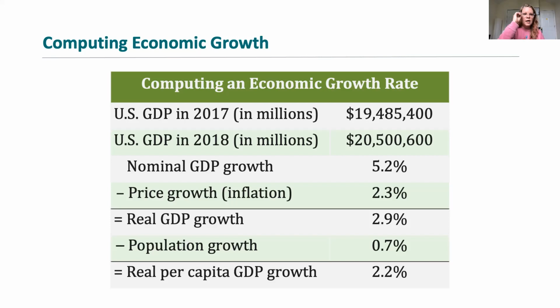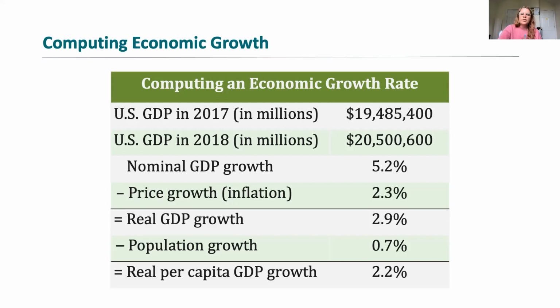So for example, here, if we start with GDP in 2017 and look at GDP in 2018, then we can do the math to determine that that was a change of 5.2%, or a 5.2% increase in nominal GDP.